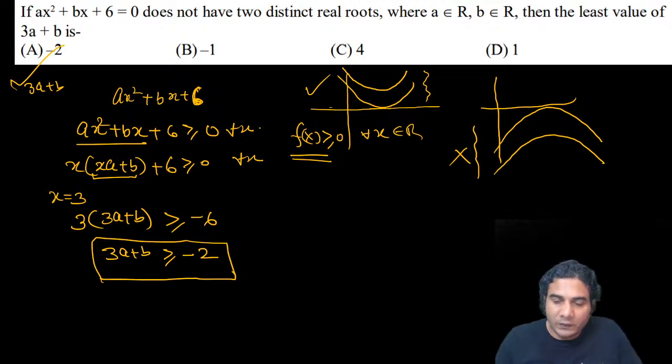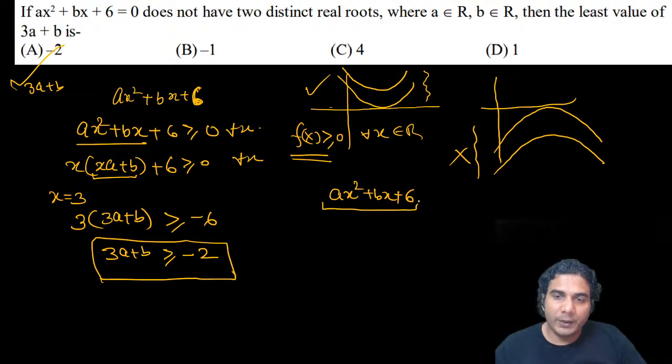The given quadratic ax square plus bx plus 6 cannot be always negative. Why? Because f of 0 is positive. If I take this f(x), then f of 0 is given 6. So it cannot be always negative.